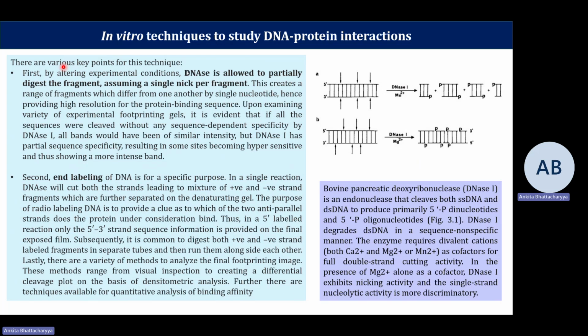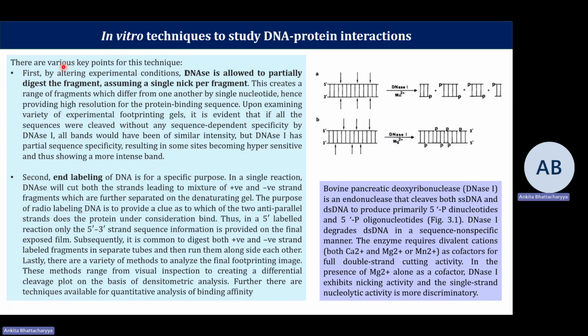But instead, you want to sort of control its activity such that it can only generate one cut per molecule, ensuring that there is some specificity which can be maintained. So bovine pancreatic deoxyribonuclease, or DNase-1, which is a common source for DNase-1, is an endonuclease.